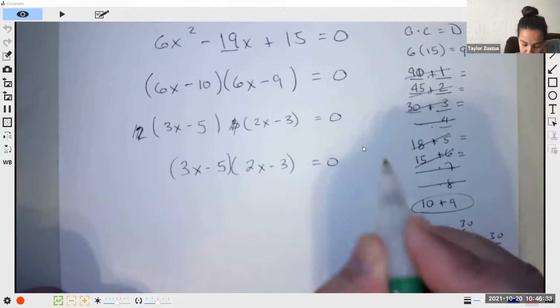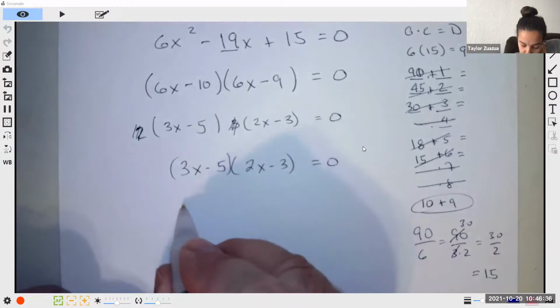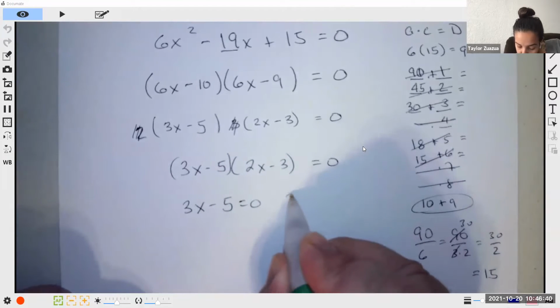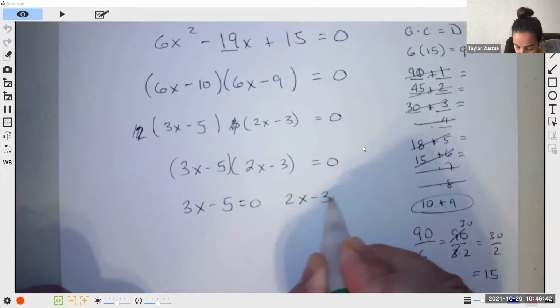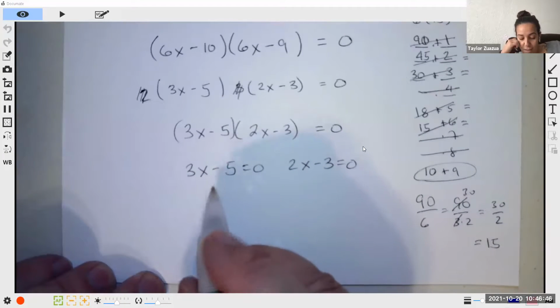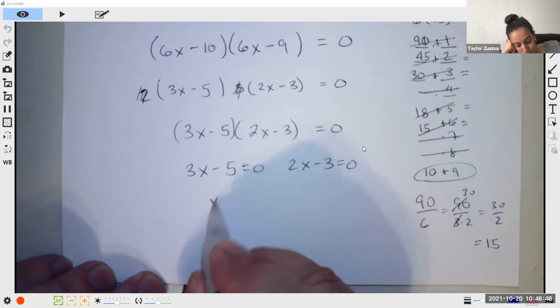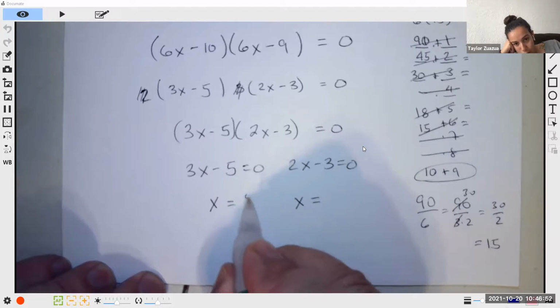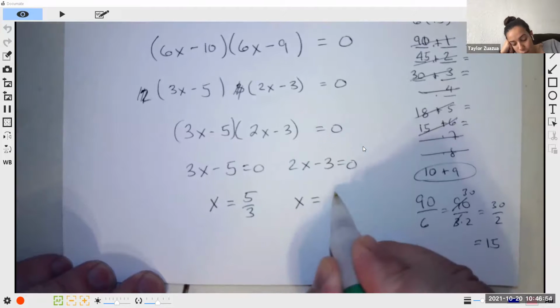And then you bring your 5 on over, and it'll be 5 over 3. Yeah, 5 over 3, and then the next one will be 3 over 2.